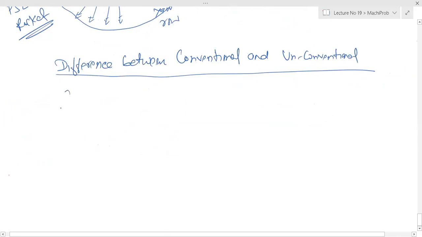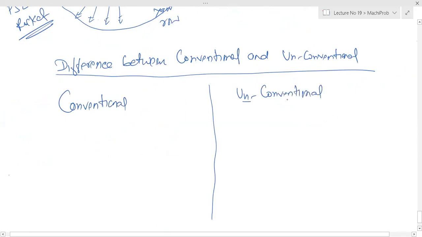So I am writing here conventional, and here I am writing unconventional. This is what we call traditional, and that is non-traditional.